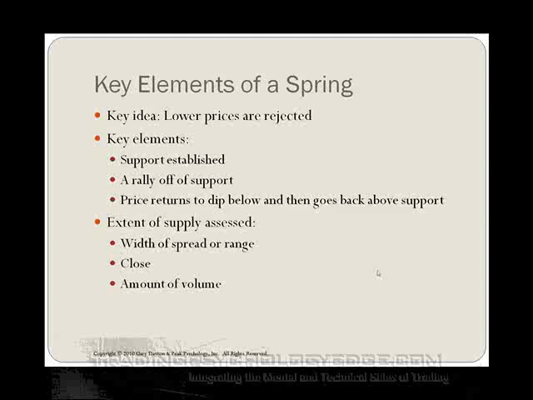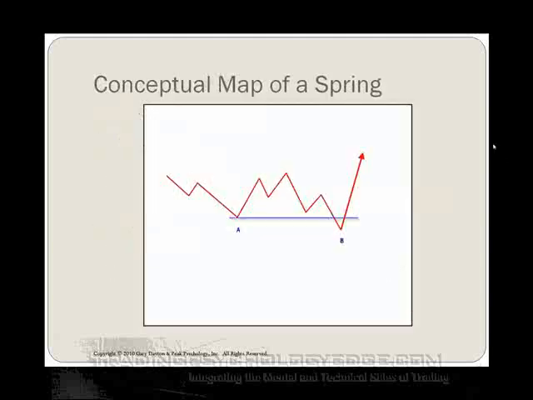Okay? So let's take a look at a conceptual map of the spring. And as I suggested, price establishes a support level here at A, rallies up, and then spends some time up here, comes back down, dips under that support level at B, but then turns right around rapidly, usually within a few bars, often on the same bar, or you'll see one bar come down and next bar right back up.